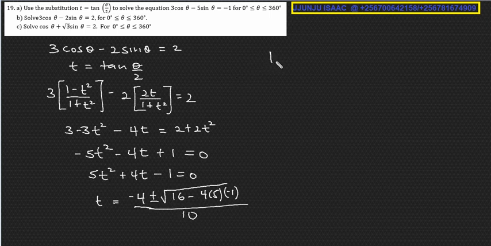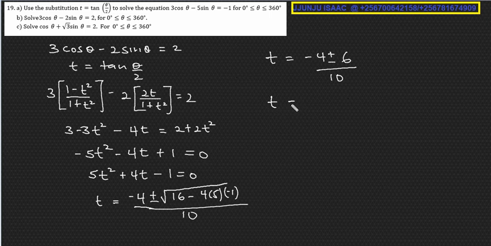So our t will be equal to negative 4 plus or minus the square root of 16 plus 20, which is 36. The square root of 36 is 6, then divided by 10.